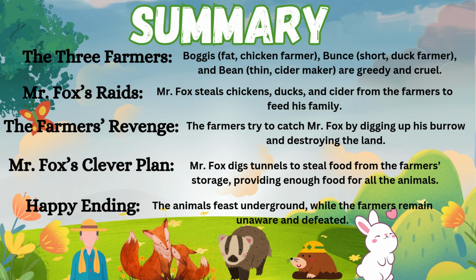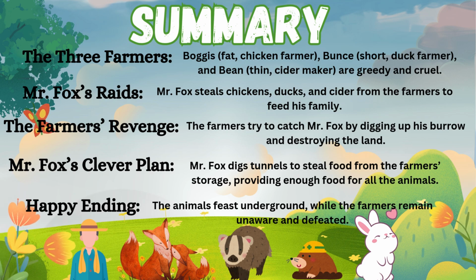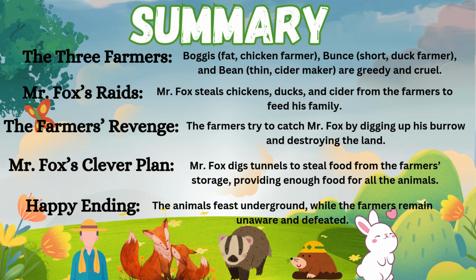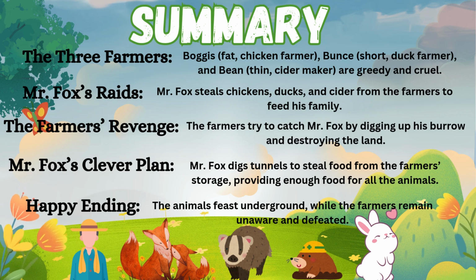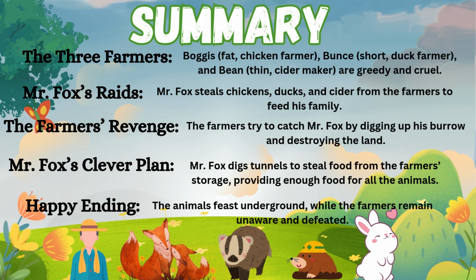The farmers, unable to reach Mr. Fox underground, decide to wait outside the burrow, hoping to starve him and his family. Days pass, and the Fox family grows weak from hunger. Other animals also suffer because the farmers have destroyed their homes and food sources.